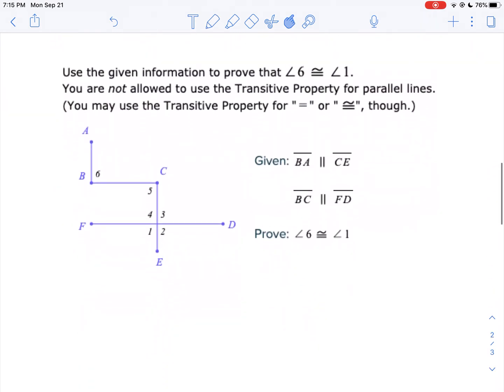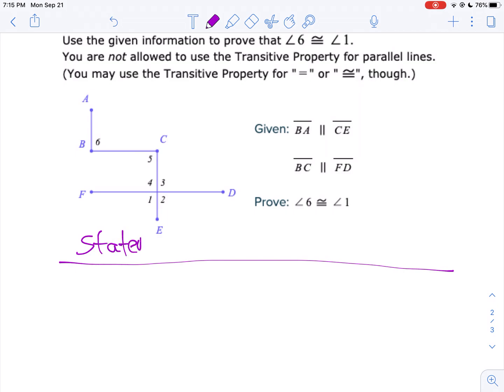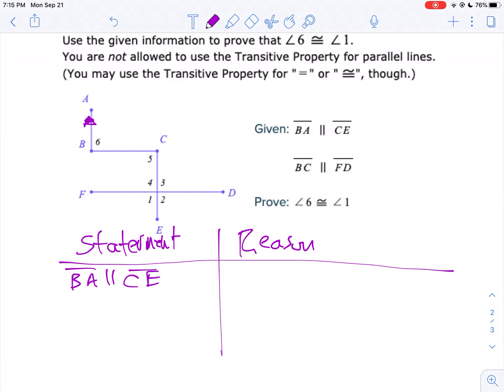Let's take a look at another one here. Once again, we have two givens, don't we? So let's mark that down. I'm going to say statement and reason. You're told BA is parallel to CE. So I'm going to mark that there.